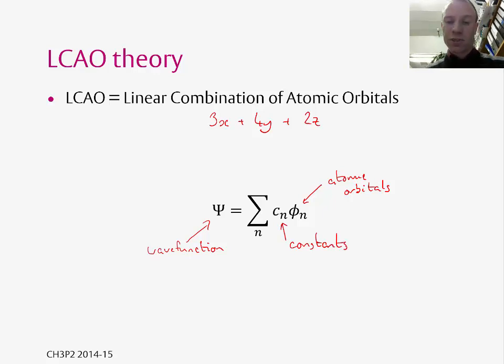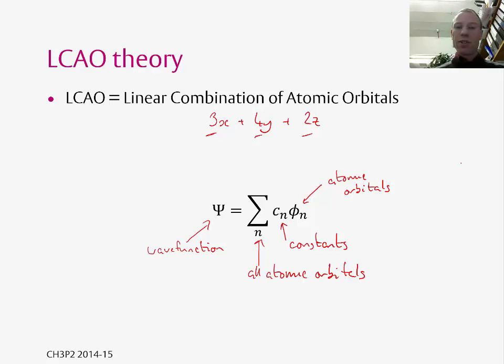These constants determine the weight of these atomic orbitals in the linear combination. So up here we've got the 3, 4 and 2. These are the constants in this linear combination of x, y and z. And here we just sum over all atomic orbitals. So we can write the total wave function as a linear combination of atomic orbitals.